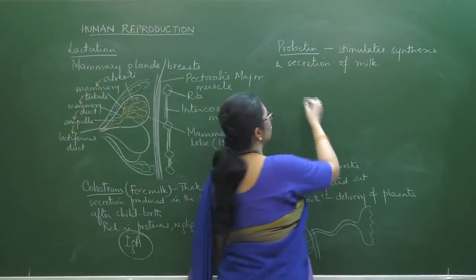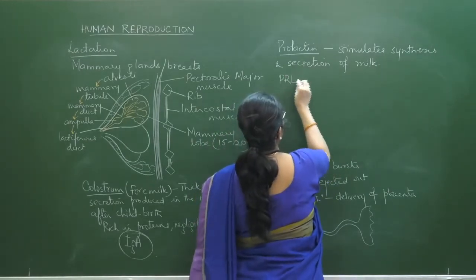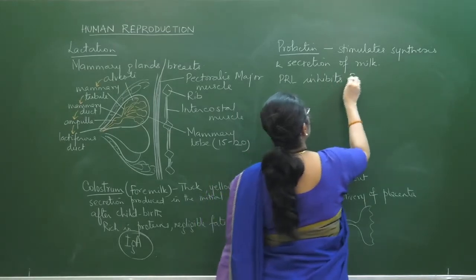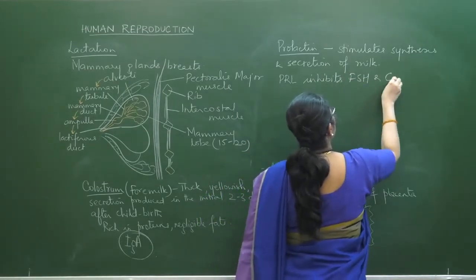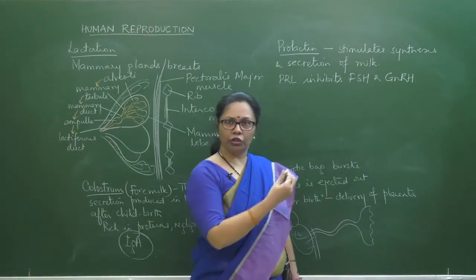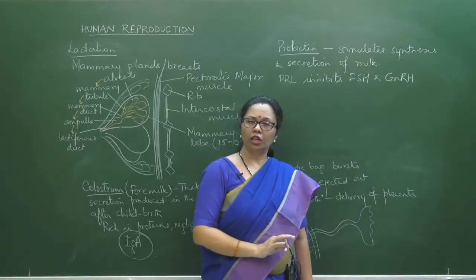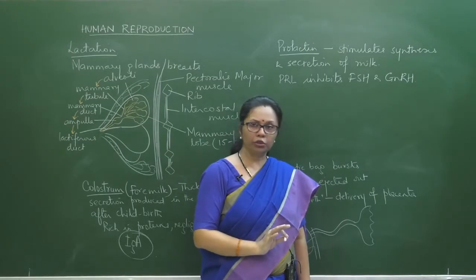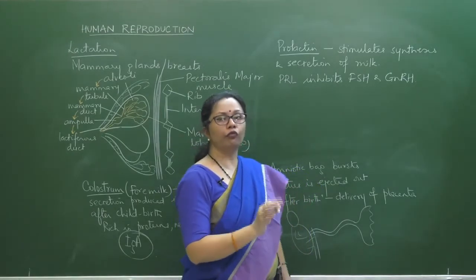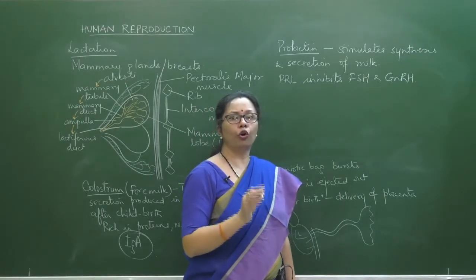And prolactin, PRL in short as we had written, inhibits FSH and GnRH. If it is inhibiting GnRH, you can see LH also is going to be inhibited. So during the period of this intense lactation, there won't be any menstrual cycle or ovulation.